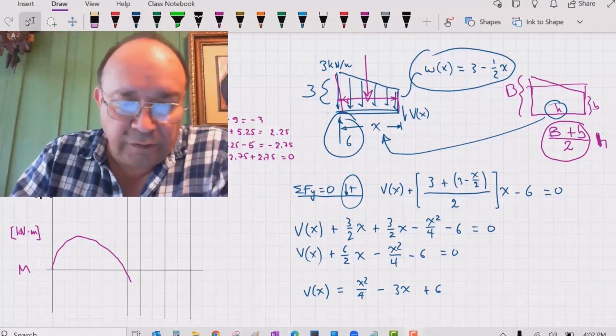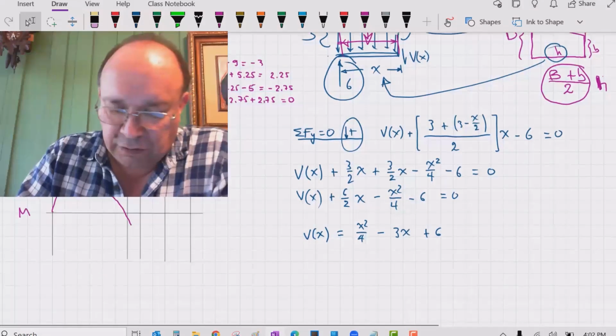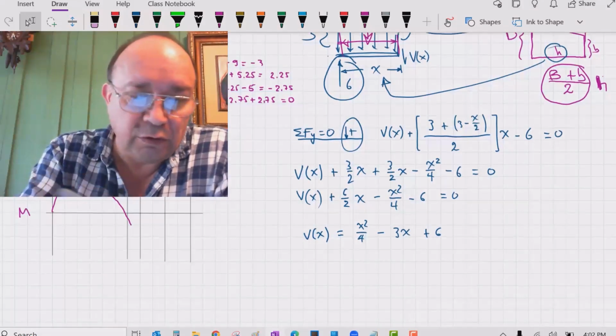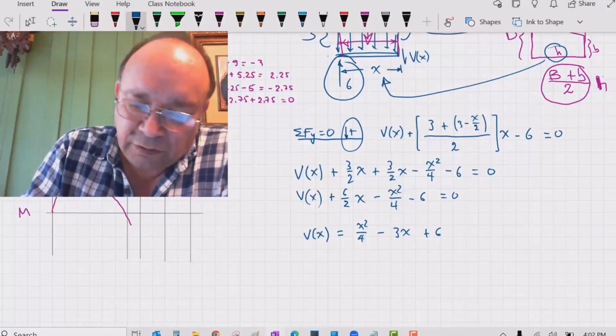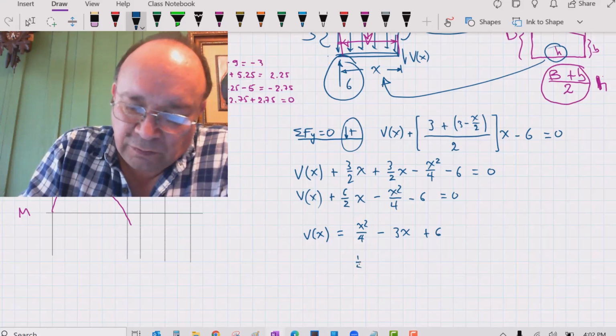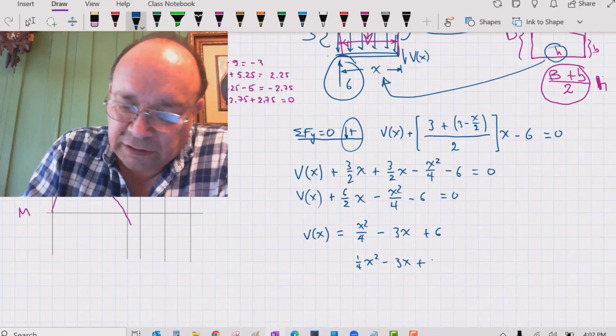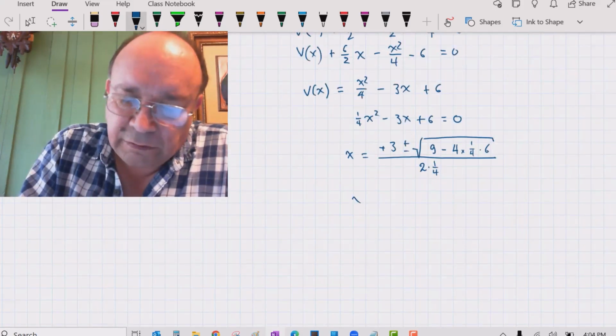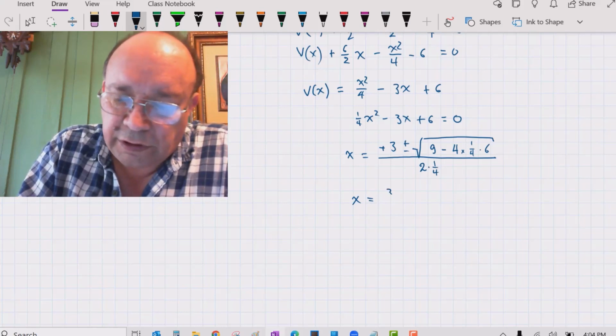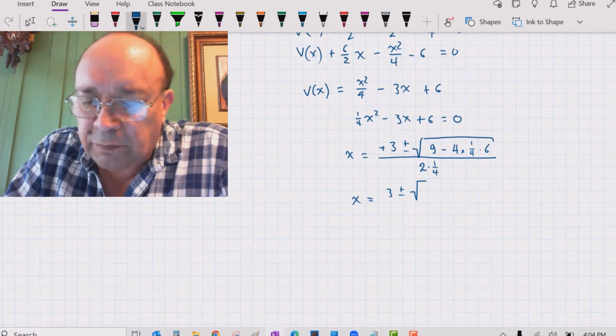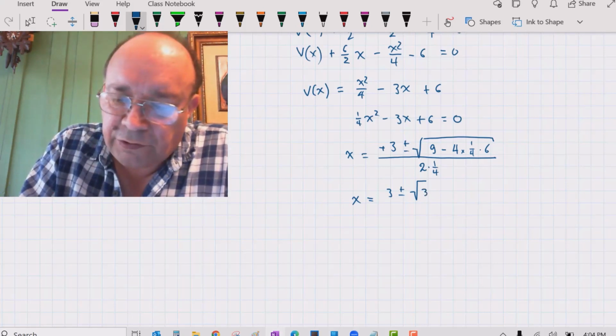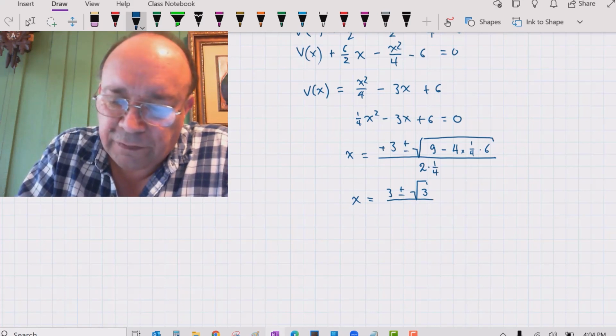So now we need to solve this equation for when shear is equal to 0. So one fourth x squared minus 3x plus 6 equals 0. So x will be equal to 3 plus or minus the square root of 9 minus 6, divided by 1/2.